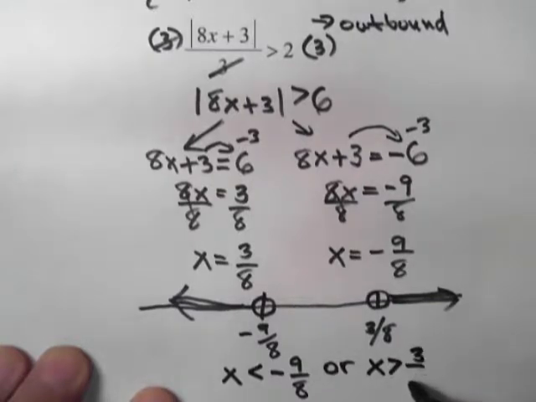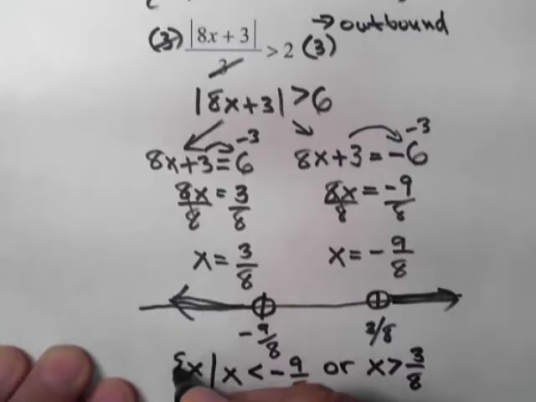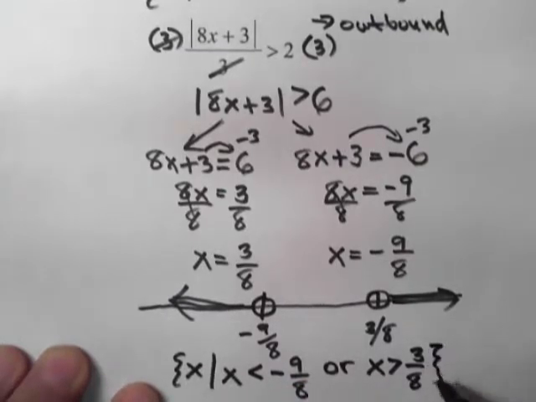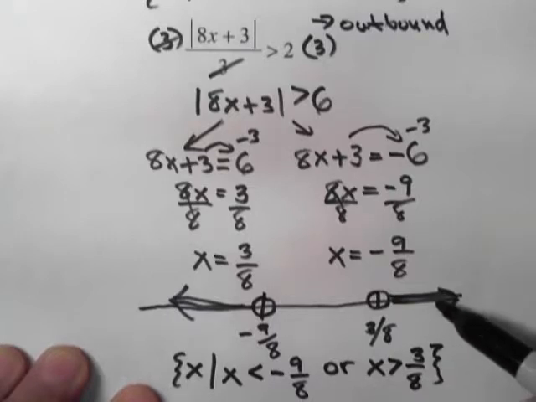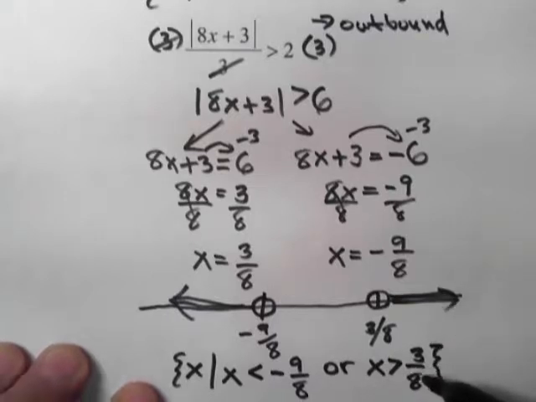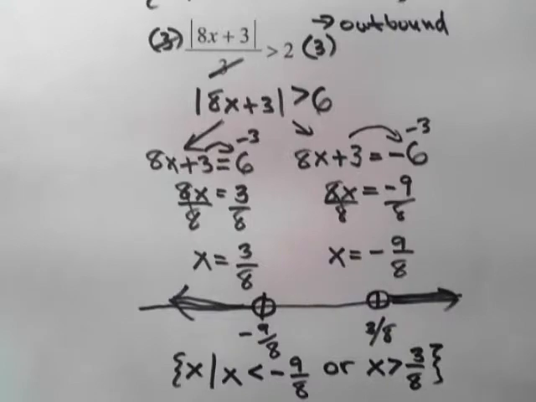Okay, and of course, do your such that line, the variable's x, put your curly brackets to indicate it's a set of answers, and there we go. So here it is as a graph, here it is as set builder notation.